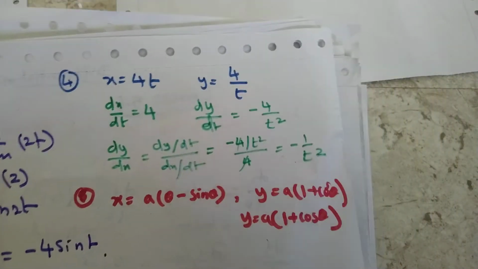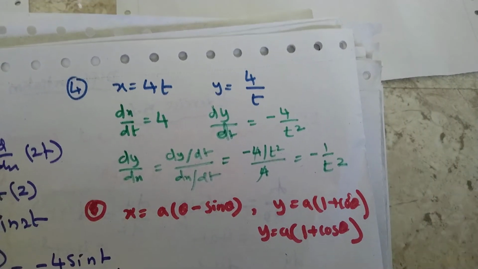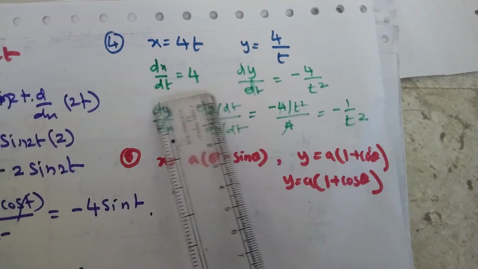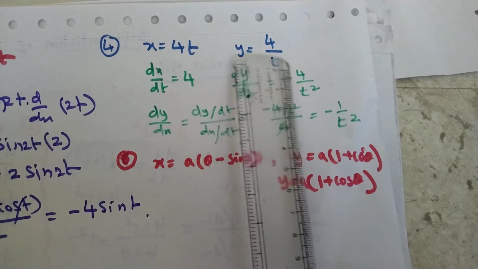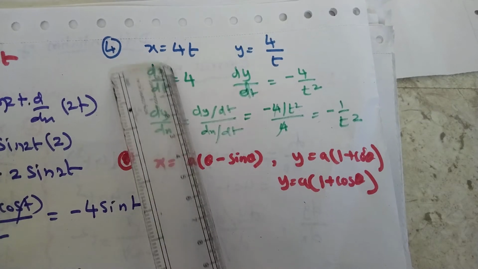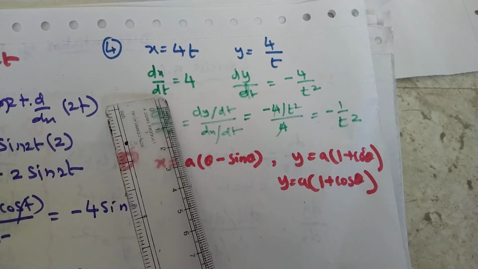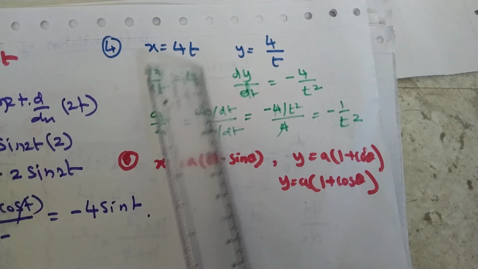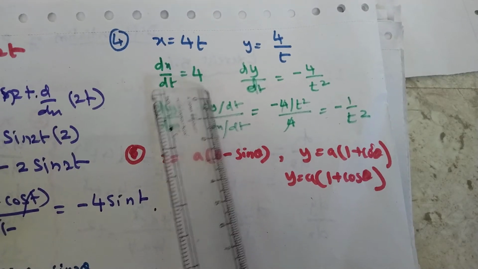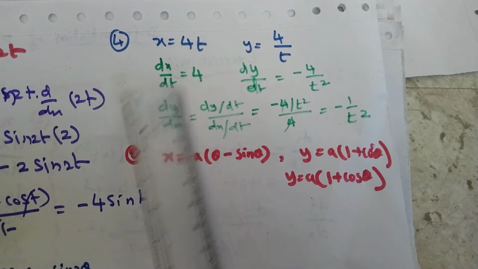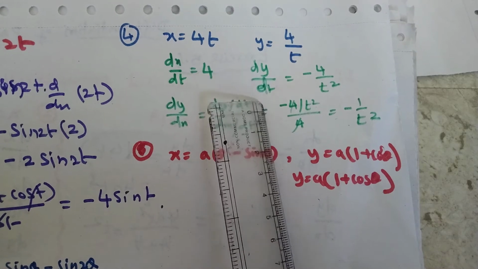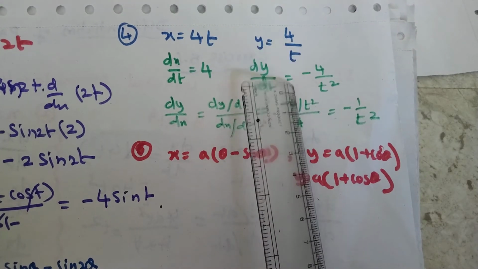Now come to the fourth example. Here x equal to 4t and y equal to 4 divided by t. So differentiate x with respect to t. 4, keep it as it is. Differentiation of t is 1 because we are differentiating with respect to t. And dy by dt, keep 4 as it is.